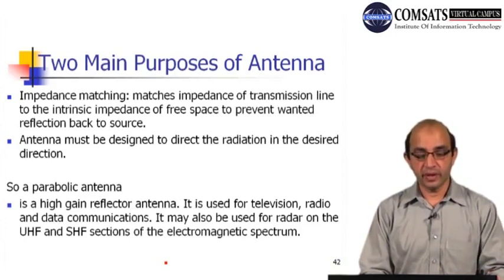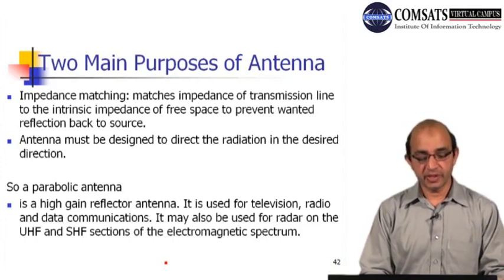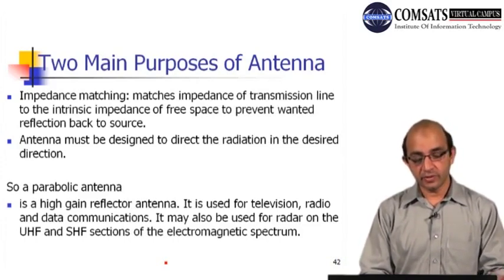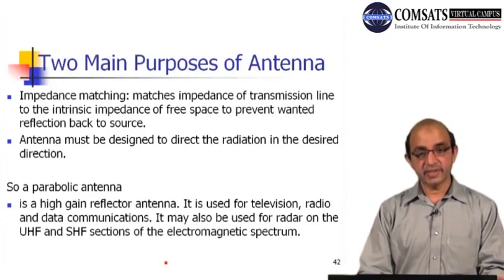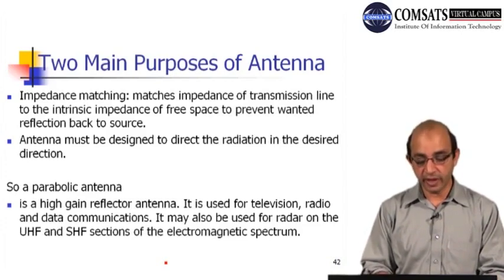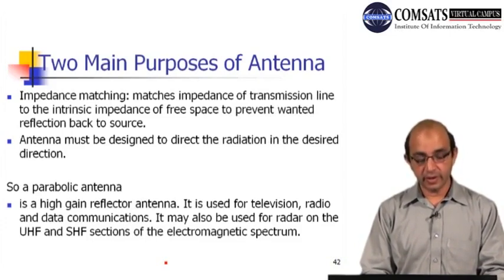First, an antenna is used to have impedance matching, and then an antenna is also used in order to have a directed radiation, or you can say a desired directional radiation. A parabolic antenna is a high gain reflective antenna. It is used for television communication, radio communication and data communication, but it can also be used for radar in the ultra high frequency and SHF sections of the electromagnetic spectrum.